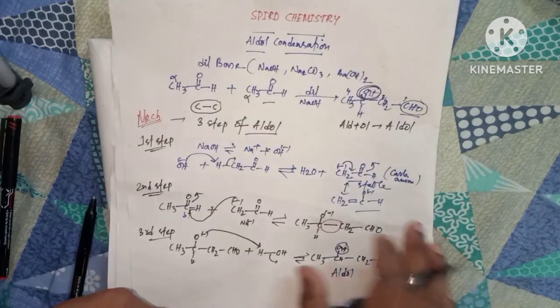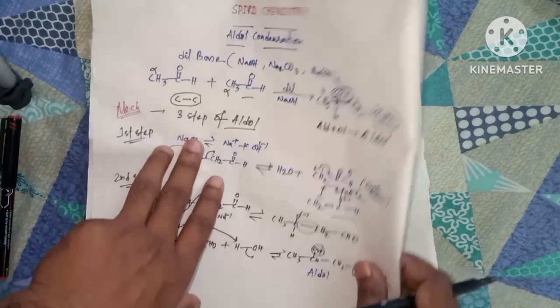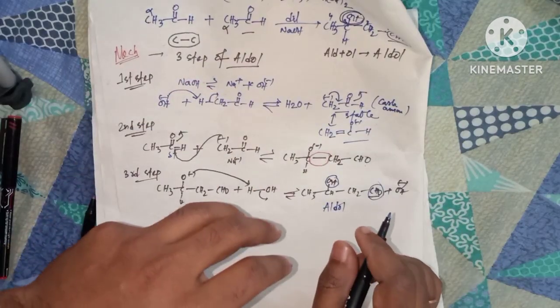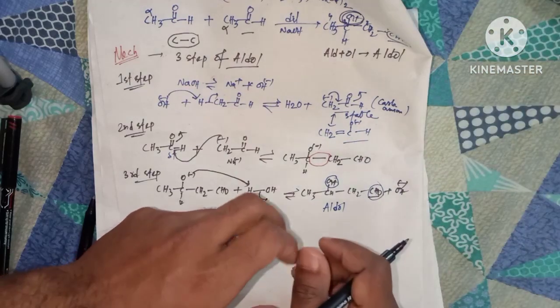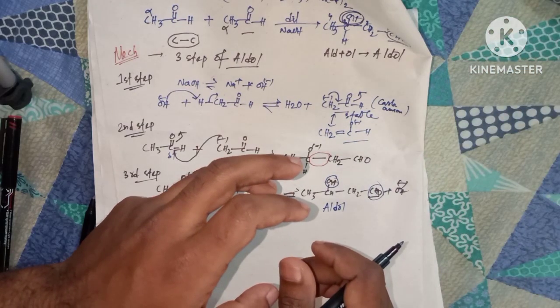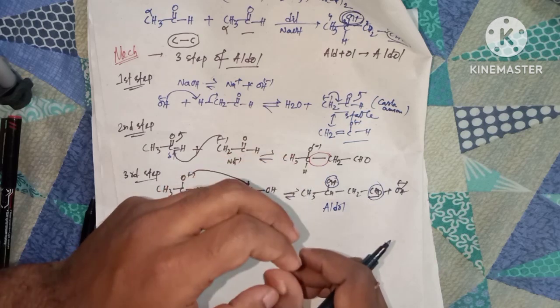And we see that in the aldol reaction, we can find an alpha-beta unsaturated aldehyde.